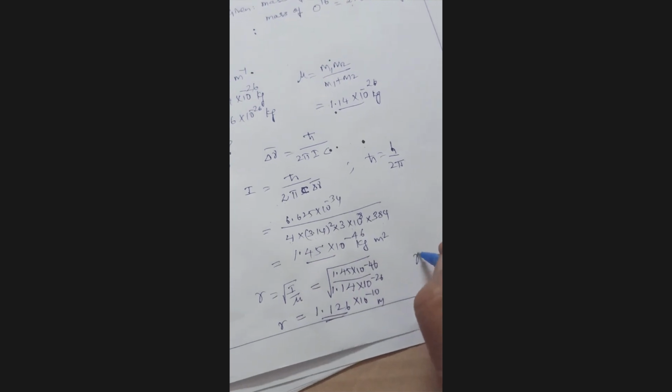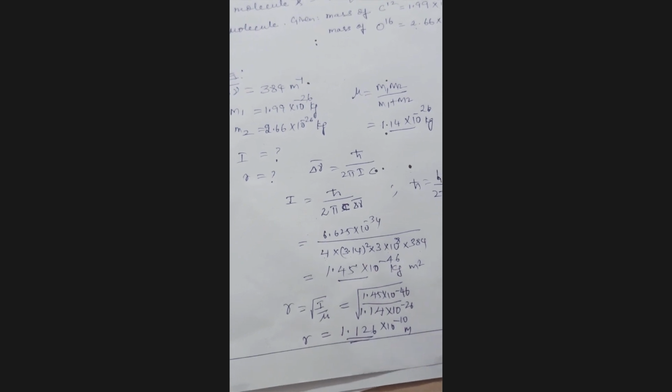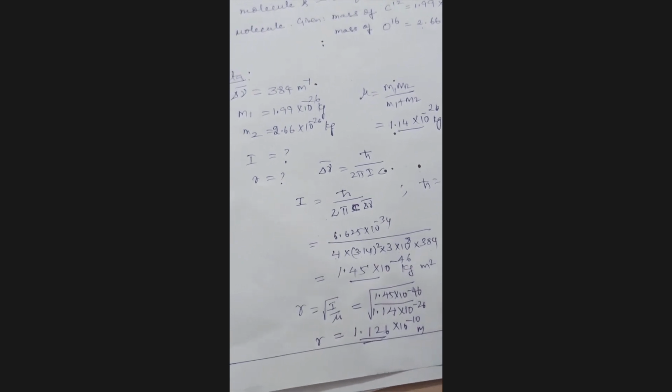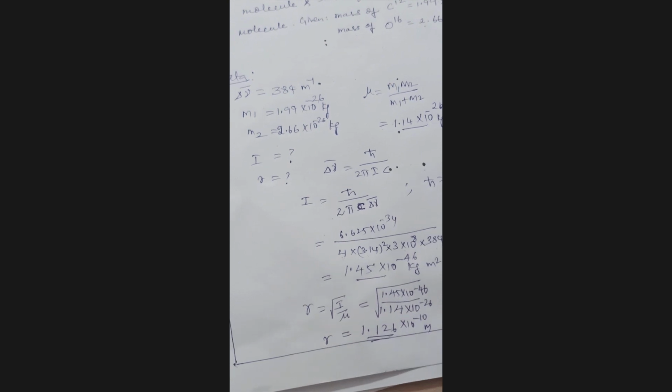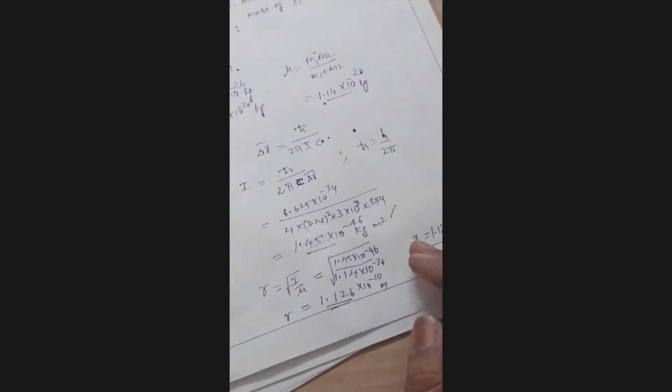So when I write this in angstrom, I can write R to be equal to 1.12 angstrom. We have the equilibrium bond length and we also have the moment of inertia. So this problem is solved.